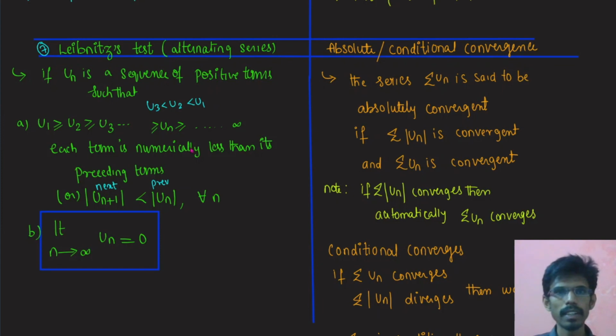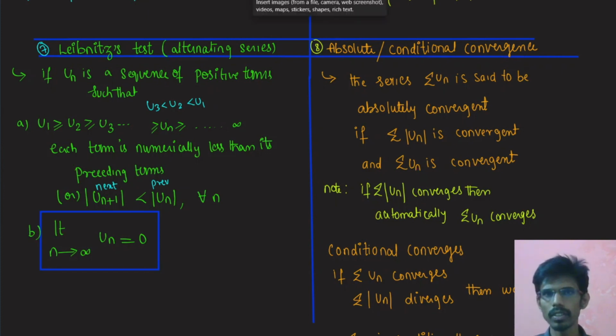Now the 8th one we have is absolute or conditional convergence. The series sigma un is said to be absolutely convergent if sigma mod un is convergent and sigma un without mod is convergent. Both are convergent, mod un and un. Then we say absolute convergence.